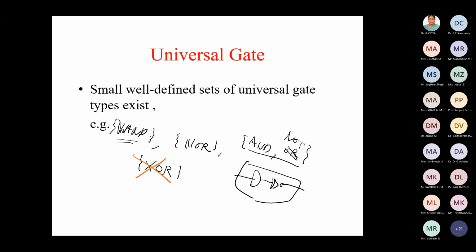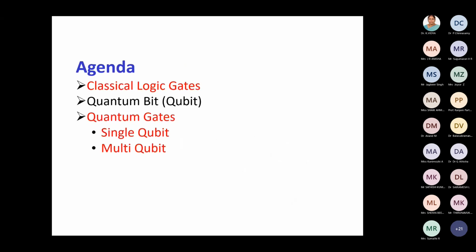Okay, so let's come to the quantum bit. Can anyone tell what a quantum bit is? Maybe your answer is not perfect, but what have you understood by quantum bit or qubit? Can a participant tell me?